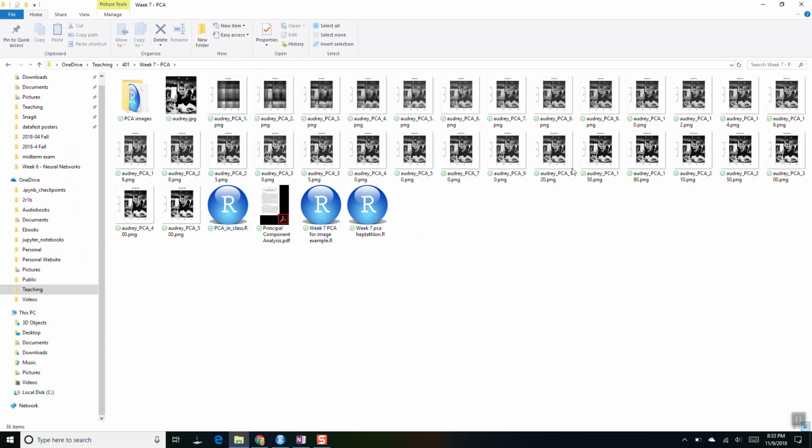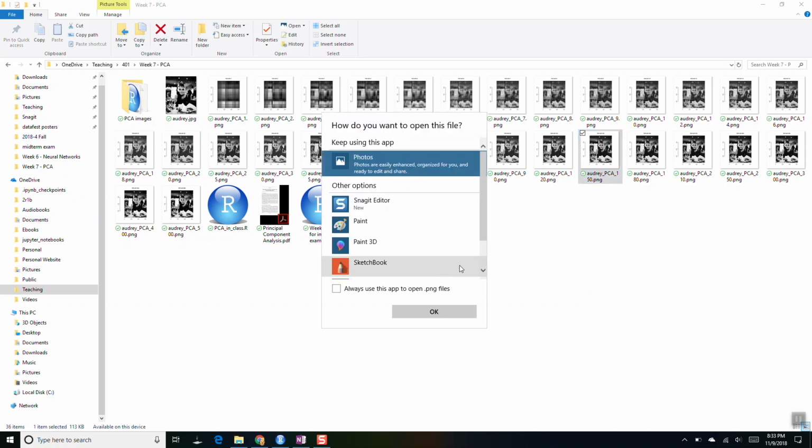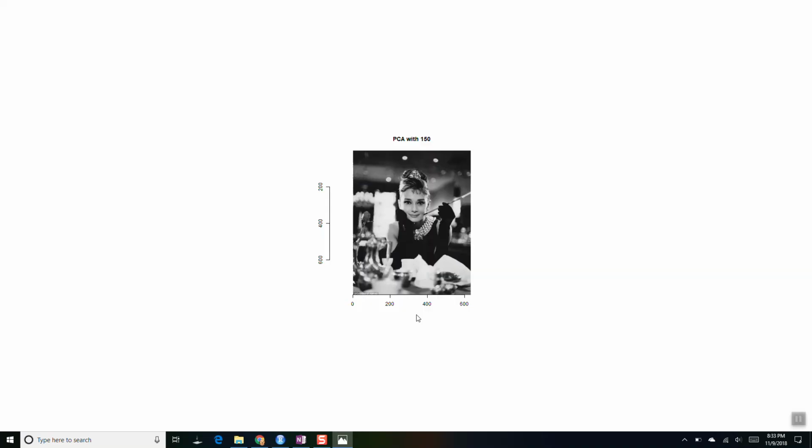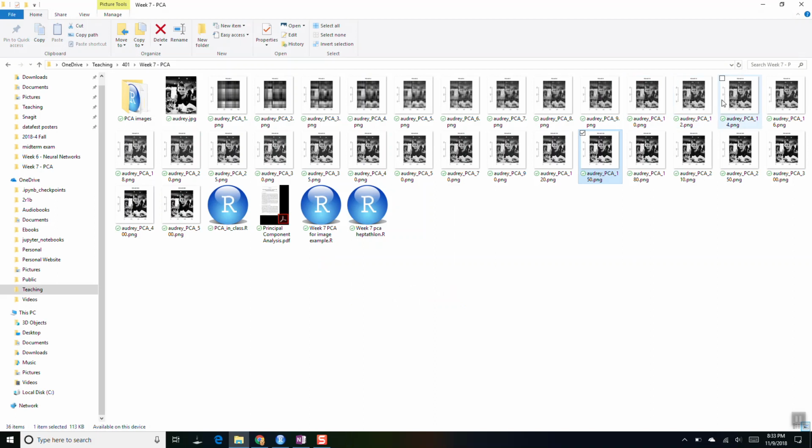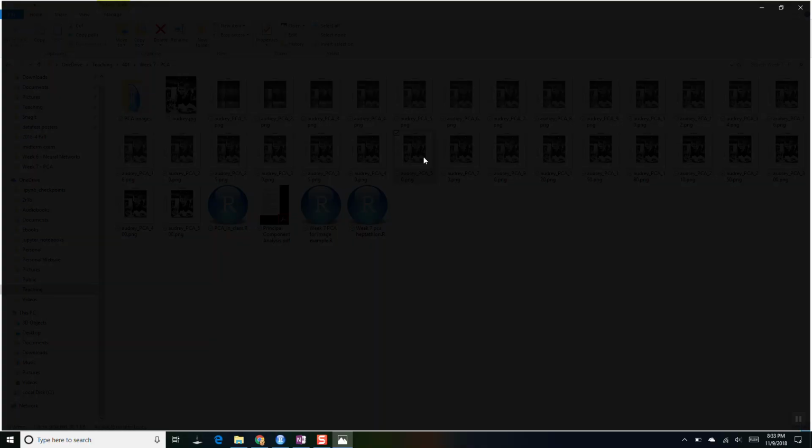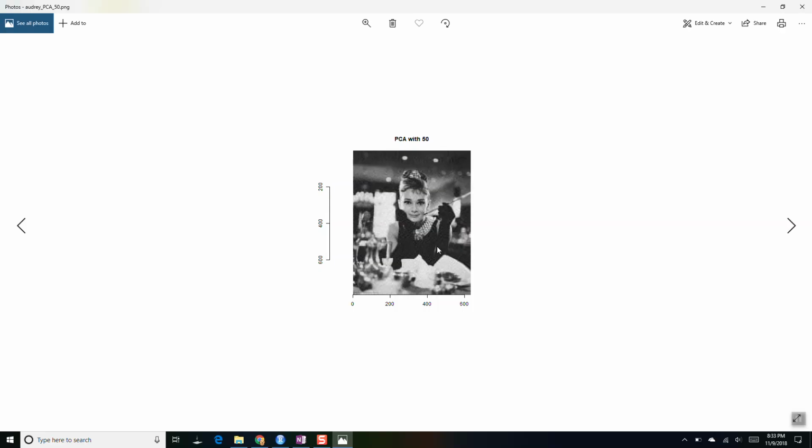The one we looked at was with 150 principal components. This is what we had with 50 principal components.